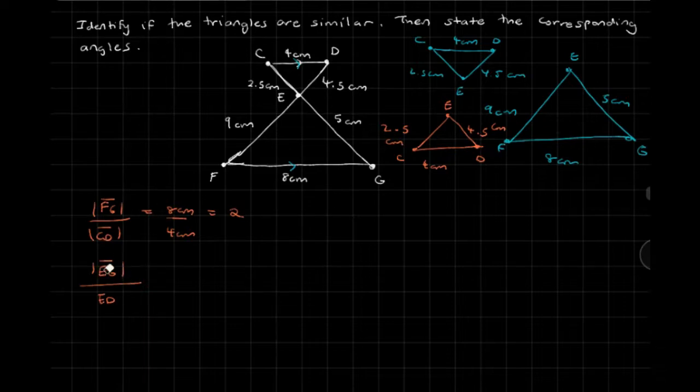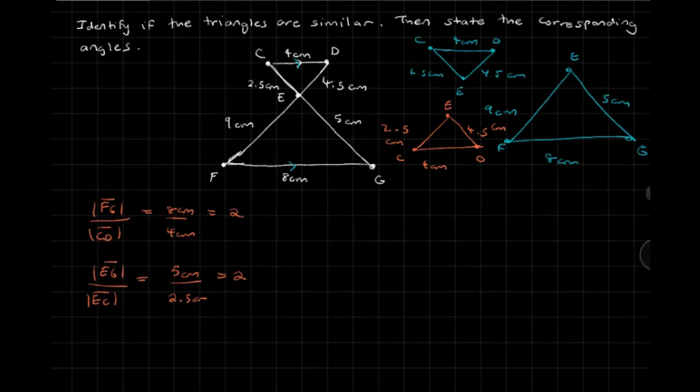So let's compare EG to EC. Okay, so if we compare EG to EC, we can see that EG is 5 centimeters and EC is 2.5 centimeters, and this fits the proportionality of 2. So we're starting to see that there is this common scale factor.